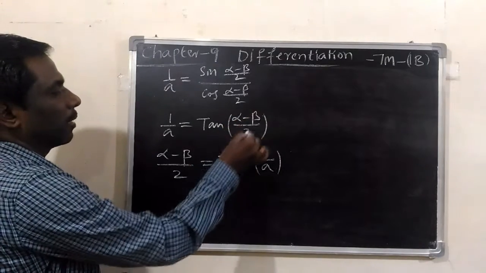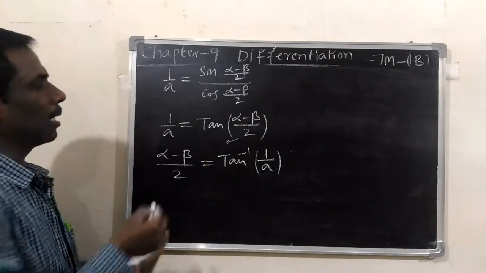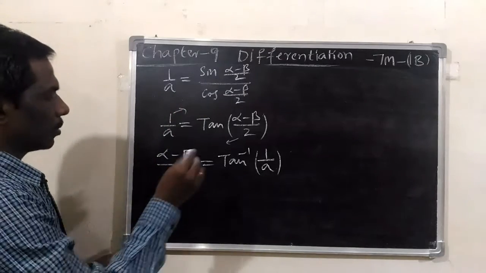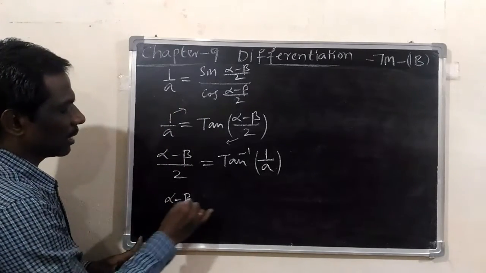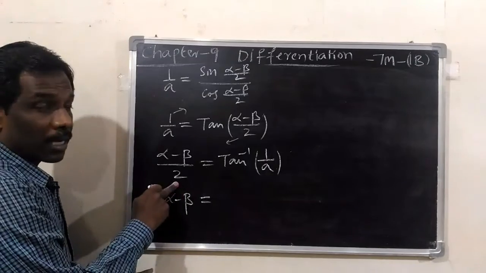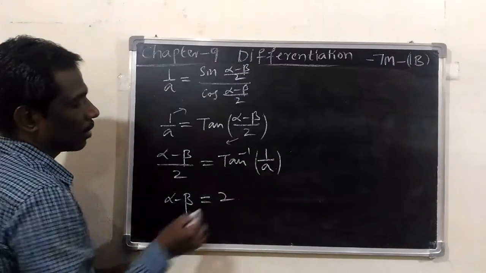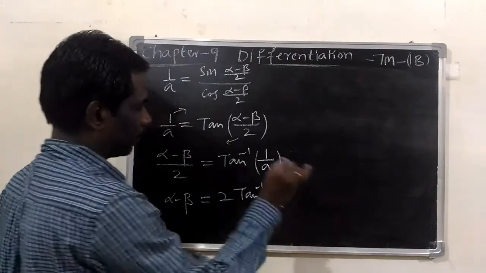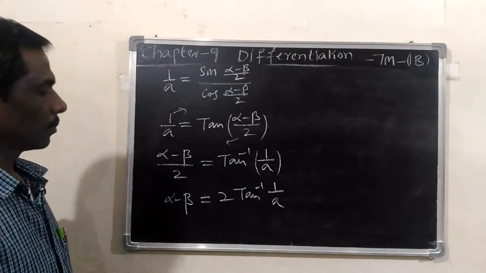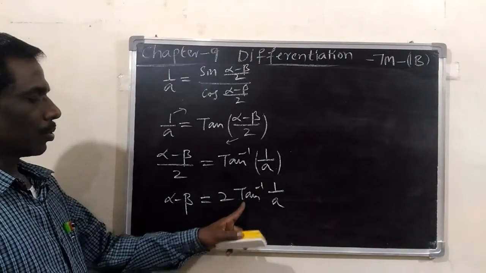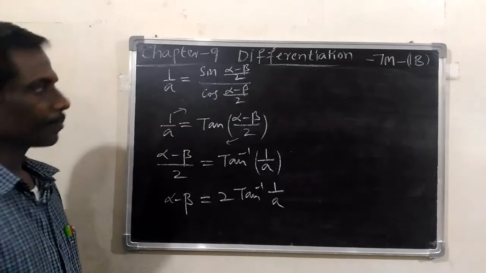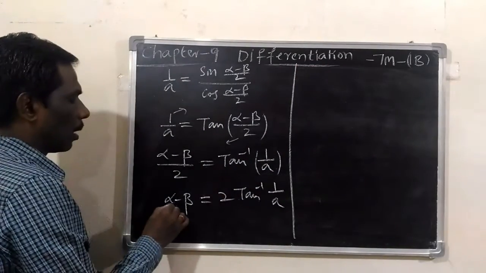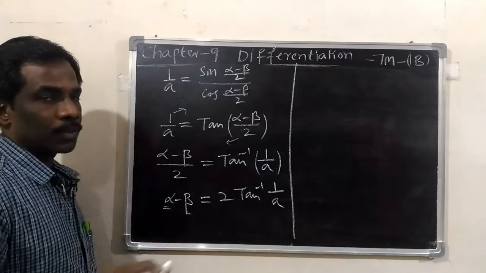This (α − β)/2 I am taking to the left side, and this 1/a inside. So next, α − β = 2 tan⁻¹(1/a), the denominator 2 sent to the right side. Now we substitute the α value and β value.